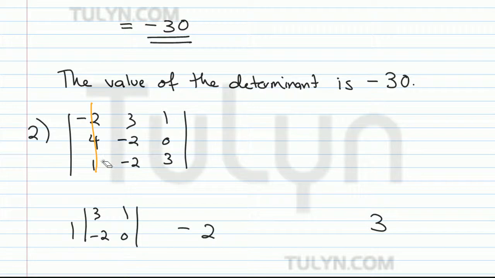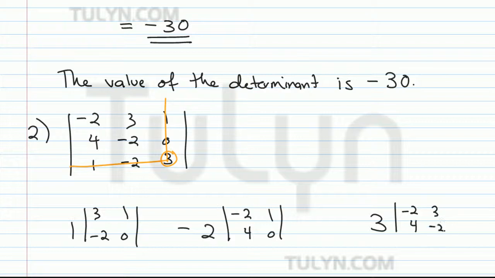For the second term, it's going to become negative 2, 4, 1, 0. And then finally, for the last term, which is 3, cancel out the column and the row that it's a part of, and what's left is negative 2, 4, 3, negative 2.